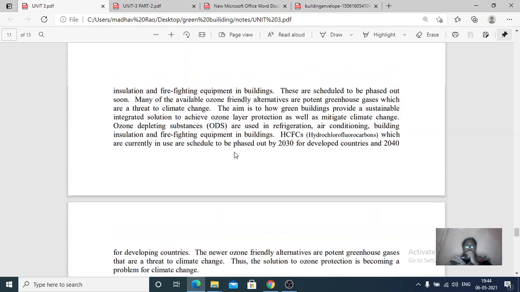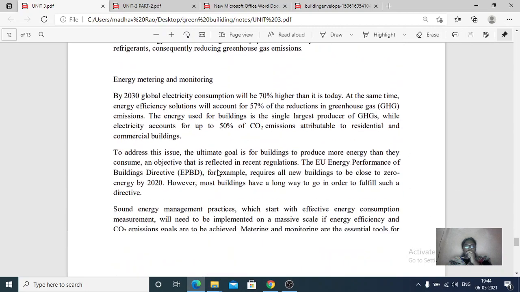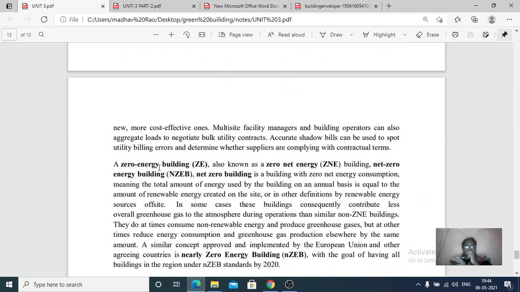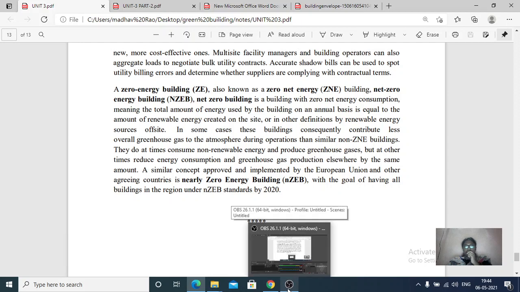First, mostly we will study green buildings and ozone depletion, and next a zero energy building, also known as zero net energy. This is a more important topic in your third unit. This we will study in the next unit.